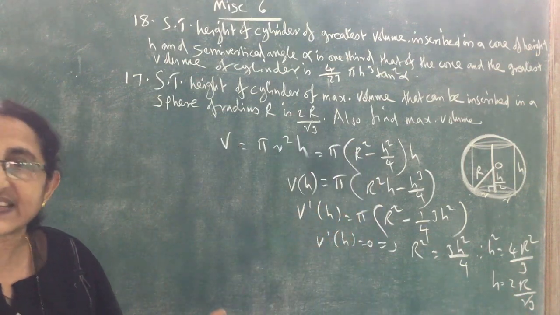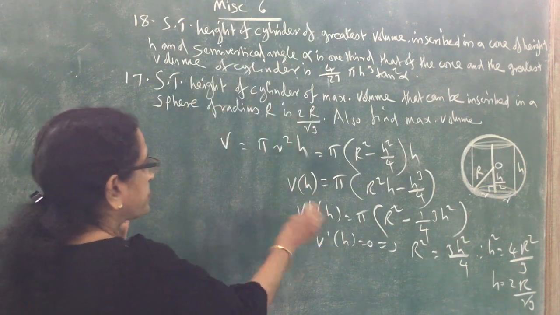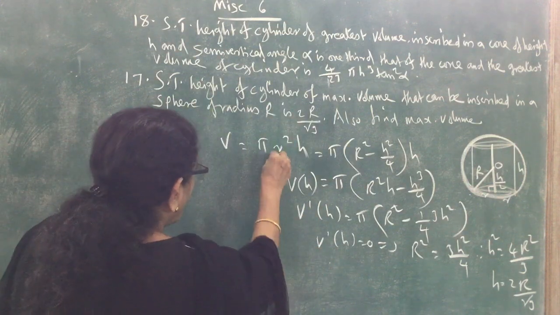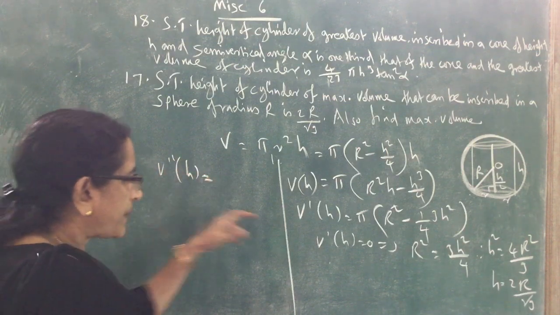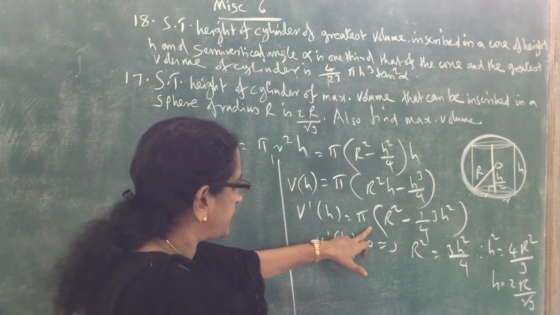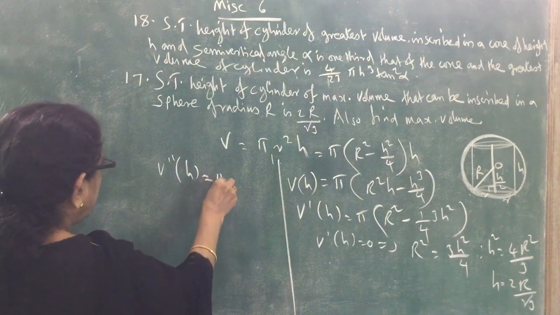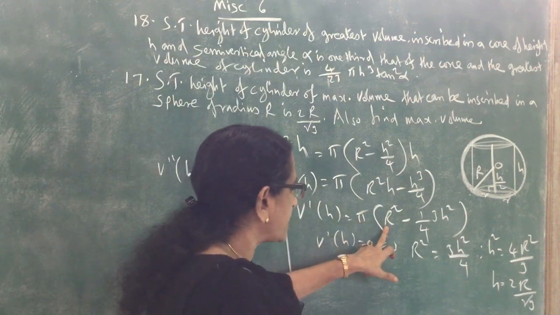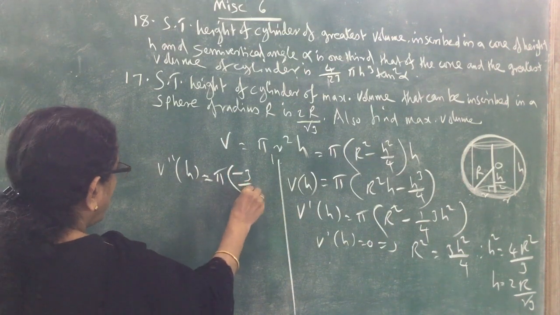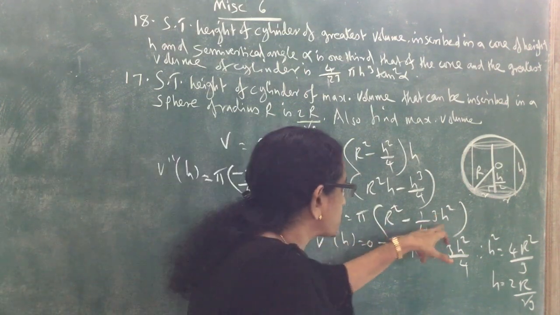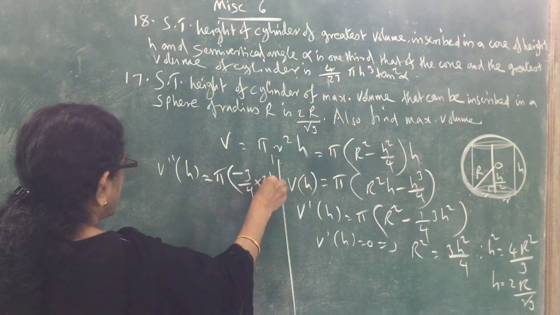For that we have to find the second derivative, V double dash h. From the first derivative, V double dash h equals pi into the derivative of R square, which is 0, minus 3 by 4 into the derivative of h square, that is 2h.